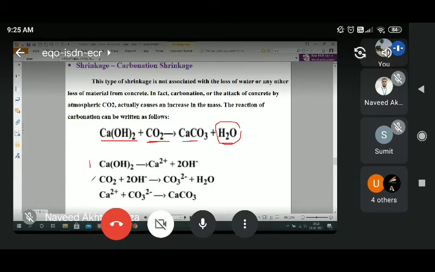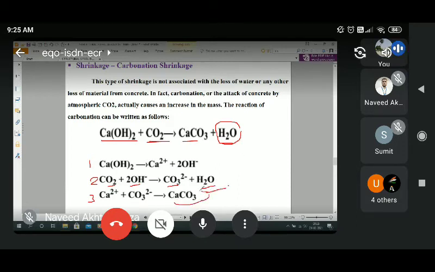In the first, second, and third stages, the calcium hydroxide gives Ca2+ ion plus 2 OH minus ions. The 2 OH minus ions react with the carbon dioxide and produce calcium carbonate, and the water is released.